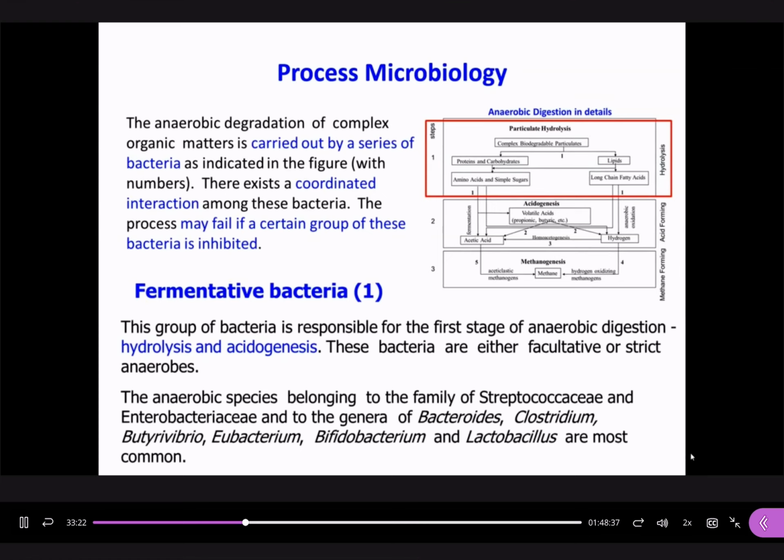For the first step, we convert complex biodegradable particulates into proteins, carbohydrates, or lipids. This group of bacteria is responsible for the first stage, hydrolysis and acidogenesis. These bacteria are either facultative or strict anaerobes. What does facultative mean? I think I briefly explained it to you.